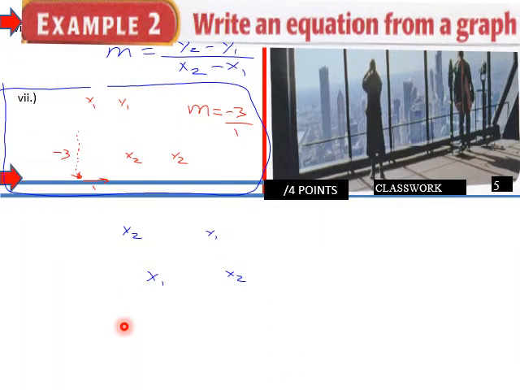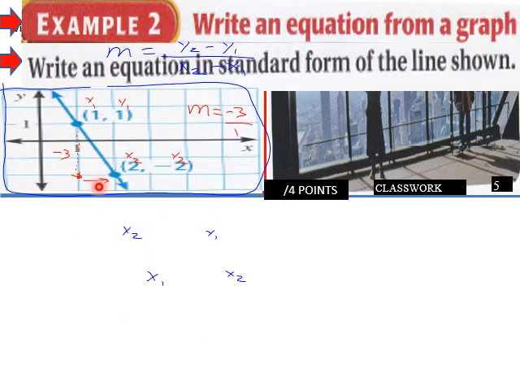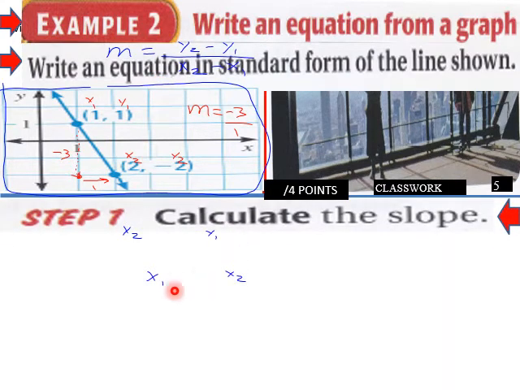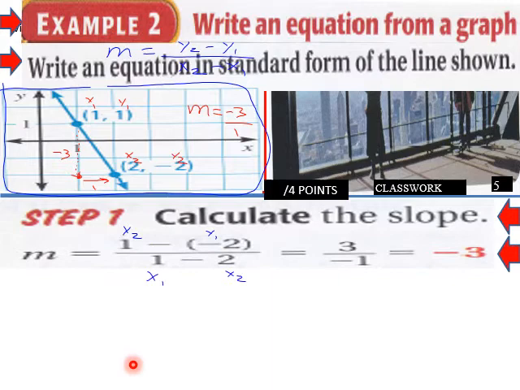Okay, example 2, write an equation from a graph. We have a graph here. Calculate the slope. Our slope here is 1 minus negative 2 over 1 minus negative 1, y2 minus y1 over x2 minus x1.